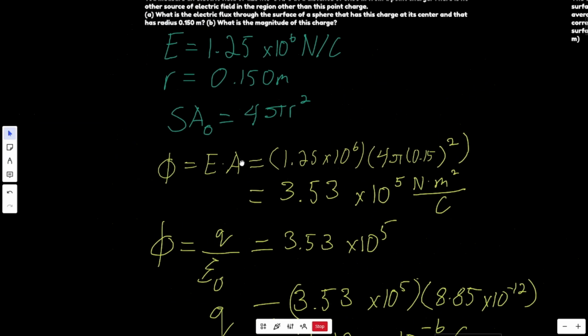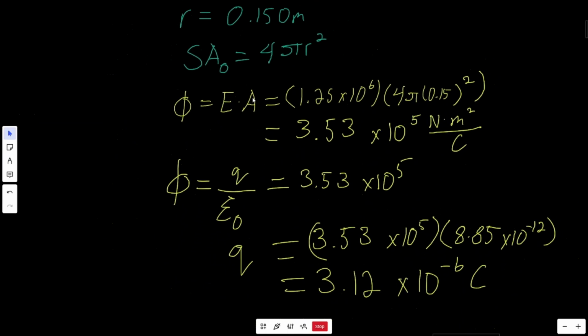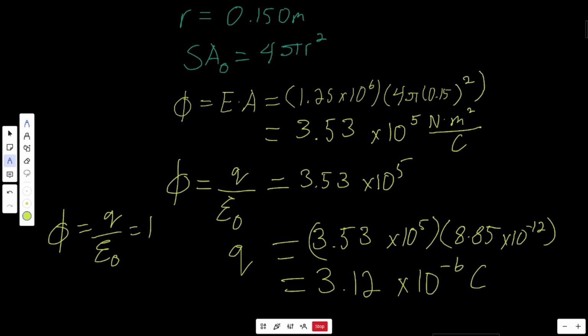If you want the formula breakdown, basically what we did was we just used this formula here. The flux is equal to Q over epsilon naught, and this is also equal to EA.